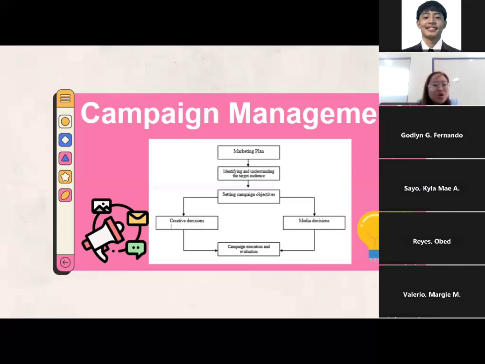Campaign execution and evaluation is another step that you need to follow. So, putting your plan into action involves implementing your marketing strategies and tracking the results. Analyzing your performance: did your campaign achieve its objectives? What worked well and what didn't work well?